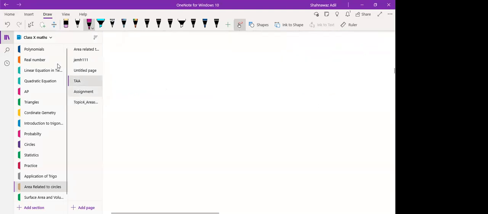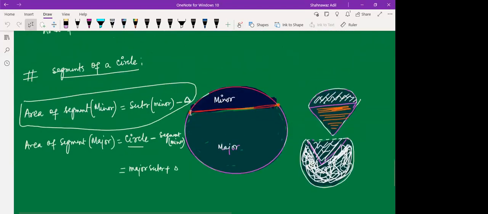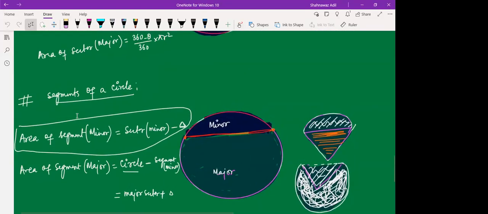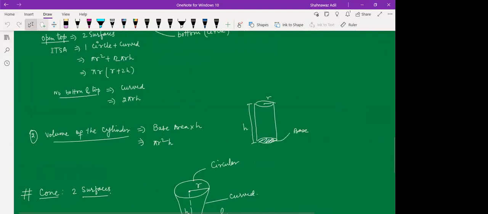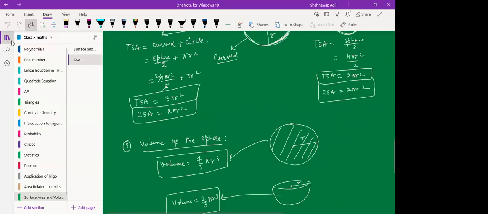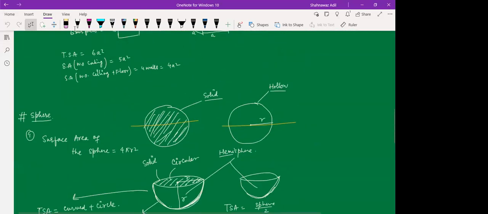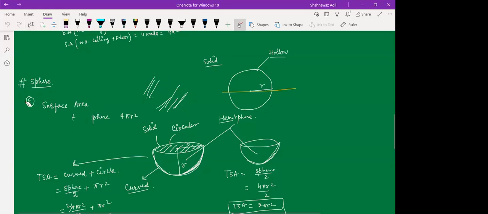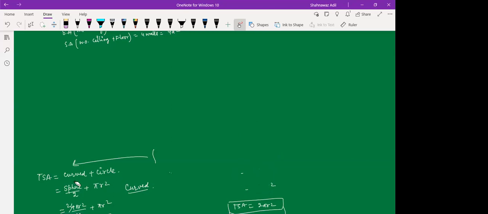Okay, so now let us start what we were doing. In the previous class, we talked about cuboidal and cubical shapes, right?